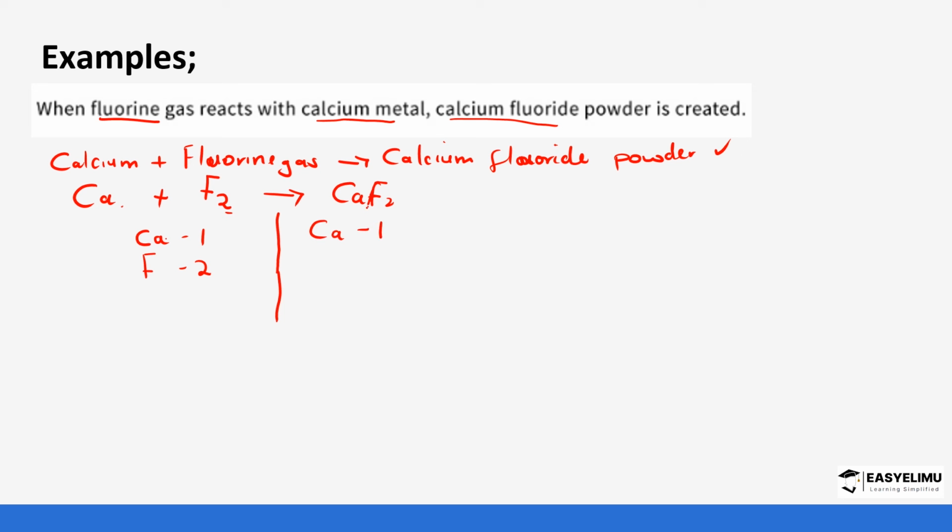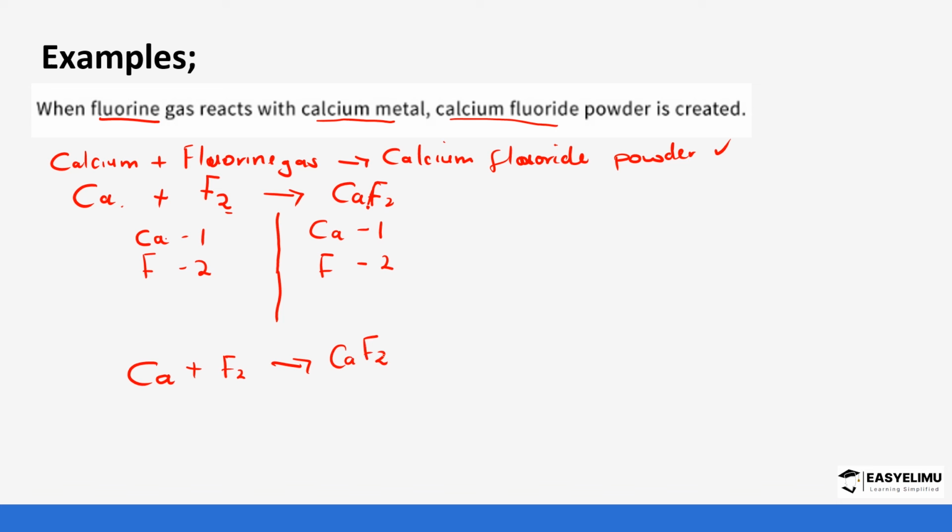Fluorine, we have two atoms. So you can see the calcium are 1, 1, fluorine they are 2, 2. So the atoms in the reactant are equal to the atoms in the product side. So we put our final answer here, calcium plus fluorine to form calcium fluoride.